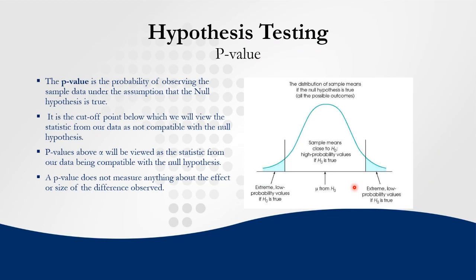If we go back to my example about birth weight, whereby we hypothesize that the birth weight should be 3.5, the assumption that the null hypothesis is true leads you to the middle.